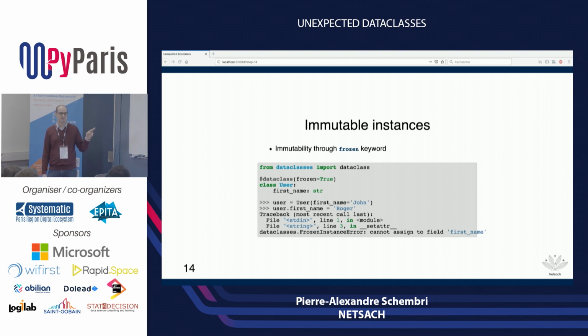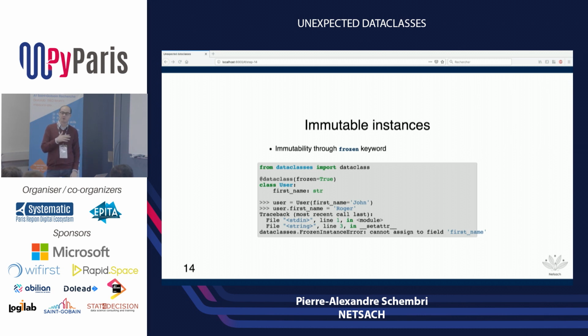So by doing that, you're basically saying, once my user is created, it cannot be changed. So when I create John, I cannot rename it to Roger. And a frozen instance error exception is raised, so you cannot go further.